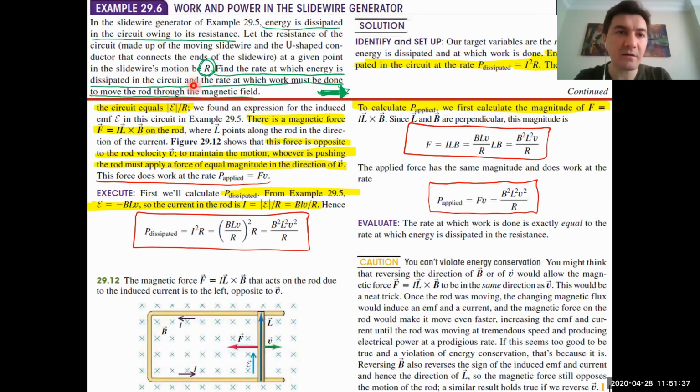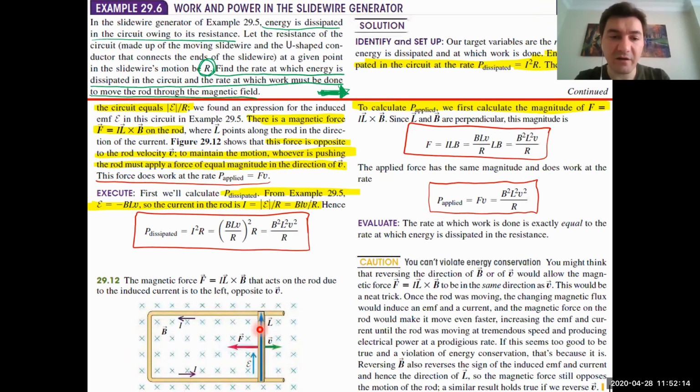And then, find the rate at which work must be done to move the rod through the magnetic field. So what we have here: if we move that slide wire to the right side, then there will be an induced current due to the back EMF.